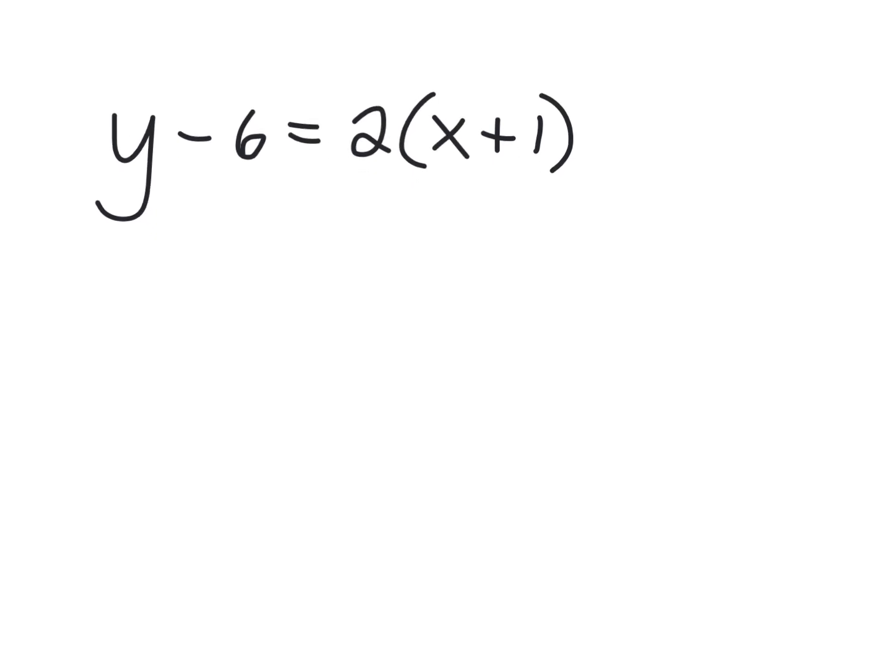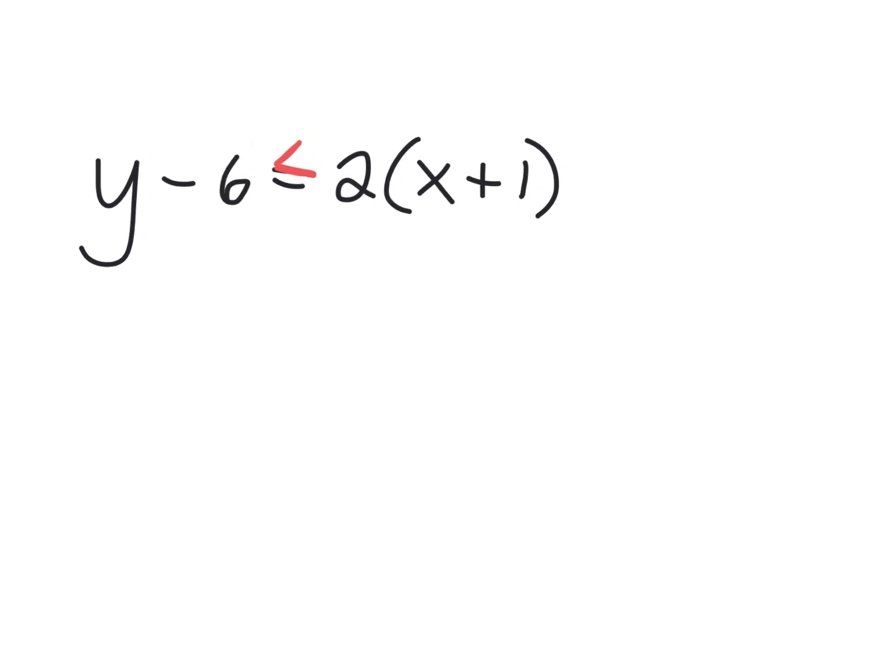y minus 6 equals 2 parentheses x plus 1. I just gave you a point and a slope. And now I'm going to change it to a less than. Whoa. All right. First thing I want you to do is distribute this out.